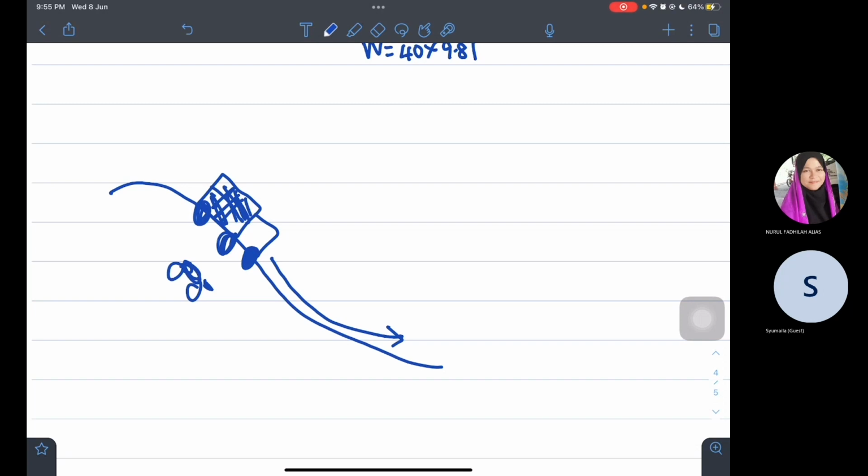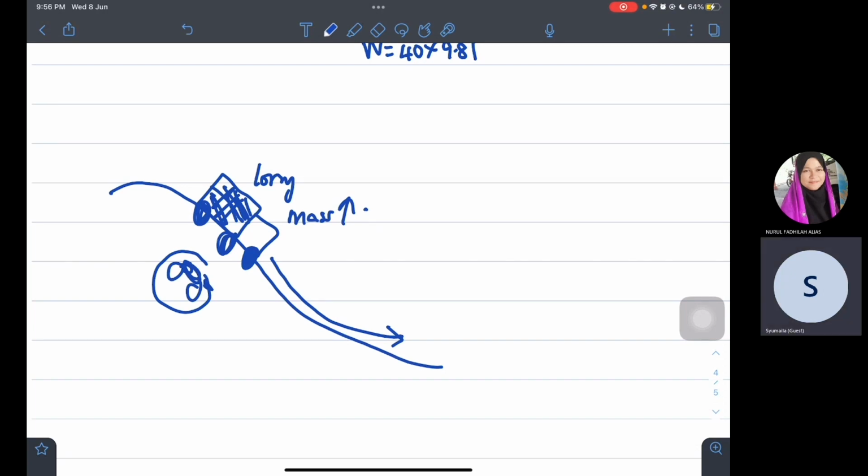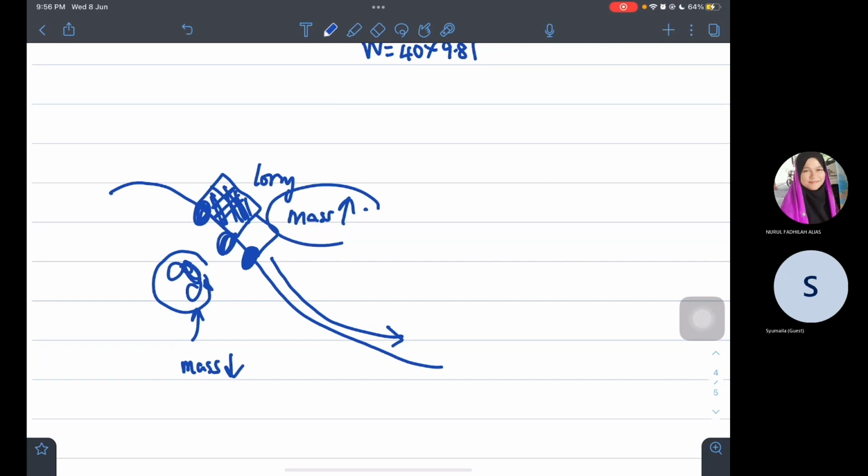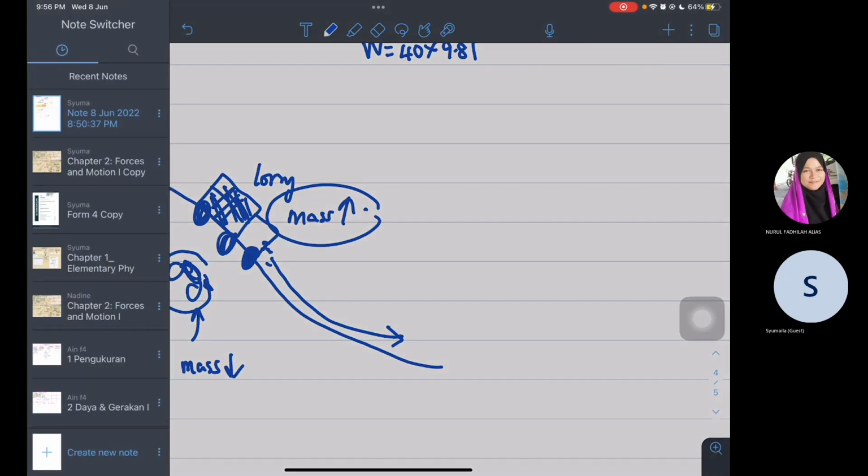Mestilah the lorry due to the mass yang high. Okay, tapi katalah dia nak stop. Siapa easily can stop? The motorcycle or the lorry? Motorcycle. The motorcycle. Why? Because mass low. This one mass dia high. Jadi dia very difficult to stop. Macam tu lah. Alright? Okay.